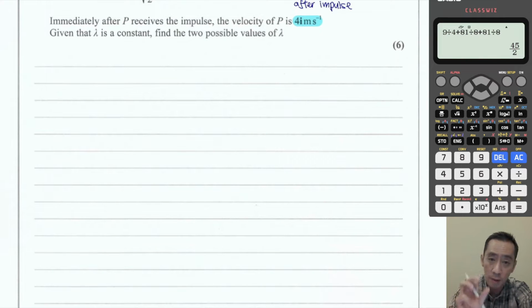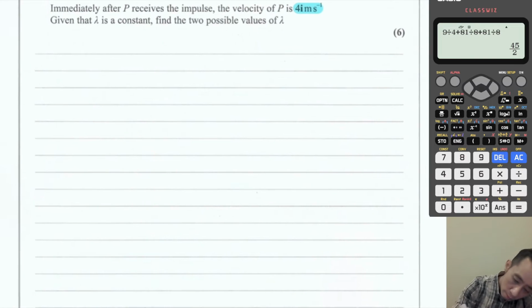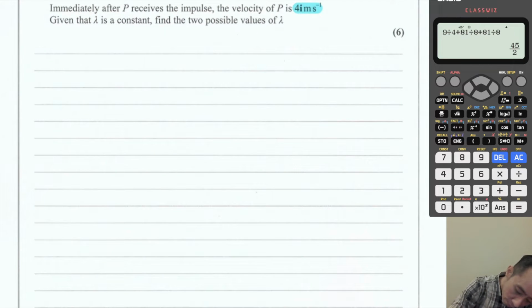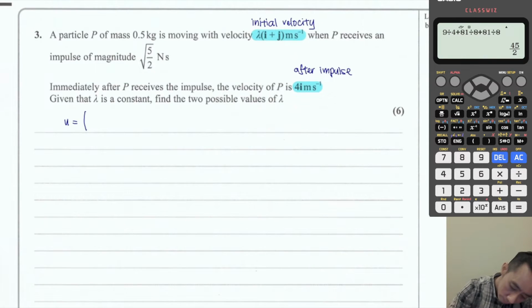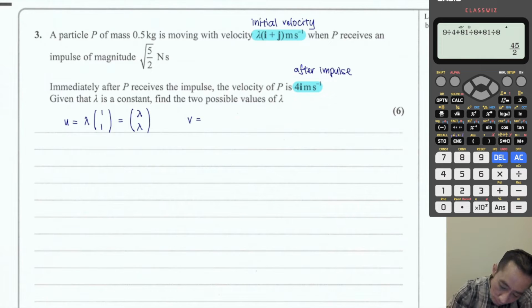Impulse is the change of the momentum. So let's see what is the change in momentum. The initial velocity is lambda, 1, which equals lambda, 1. Then the velocity after the impulse, 4i, which means 4, 0.